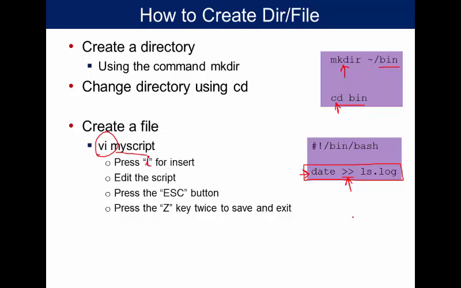If you have a double greater than sign, then it appends continually. Therefore, initially the file is not created; it assumes the file exists. Okay, so we create that.